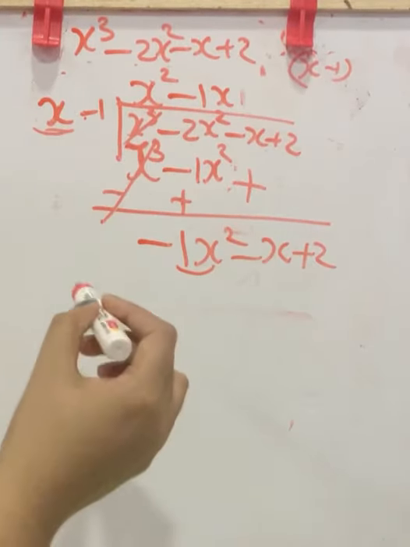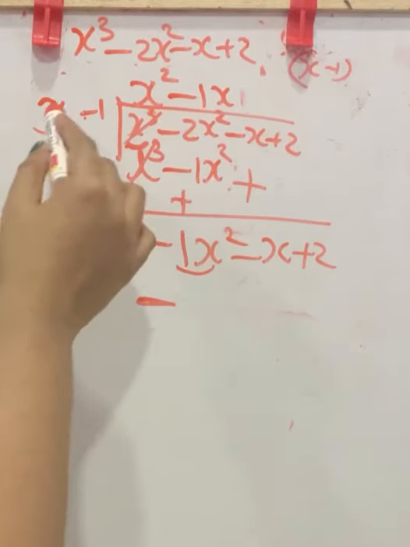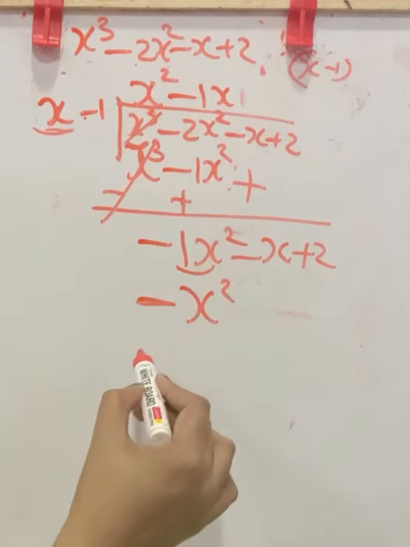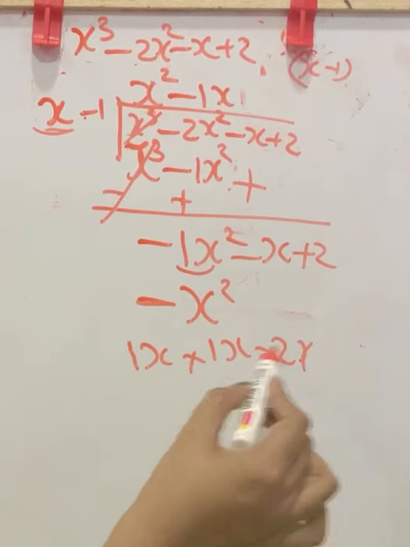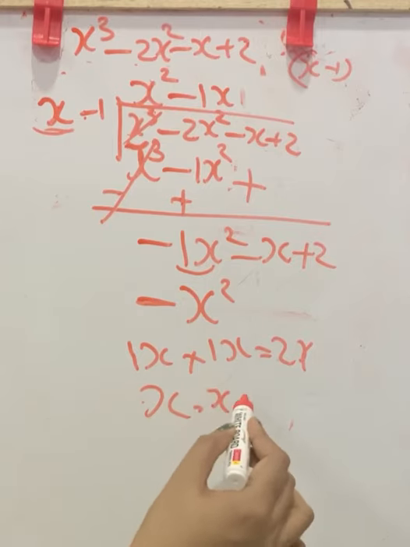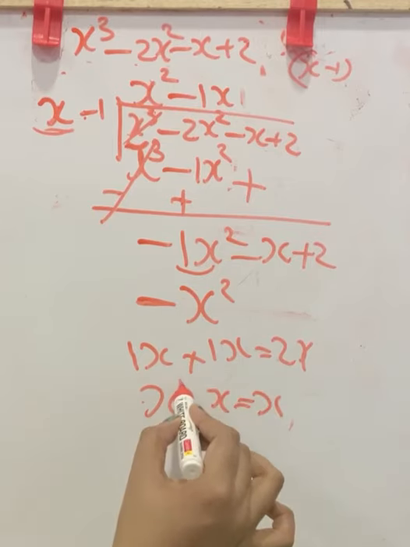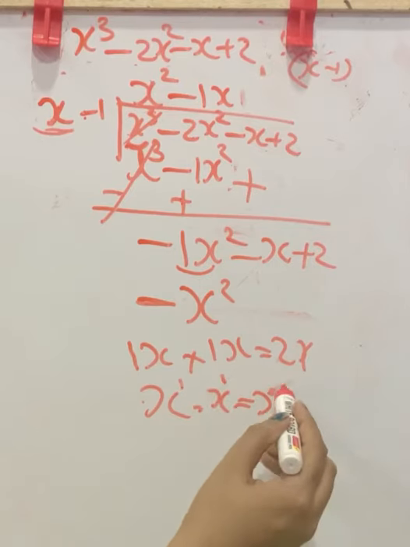Minus 1x into plus x, minus will be there. And 1x into x is x square. I told you 1x plus 1x is 2x. But x into x, that is 1x into x means x raised to, here it will be 1 and 1. So 1 plus 1 is 2.